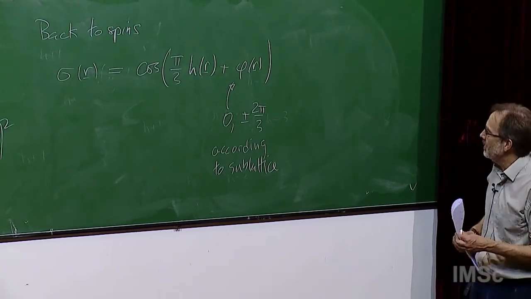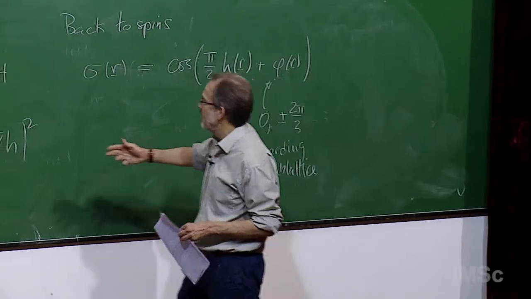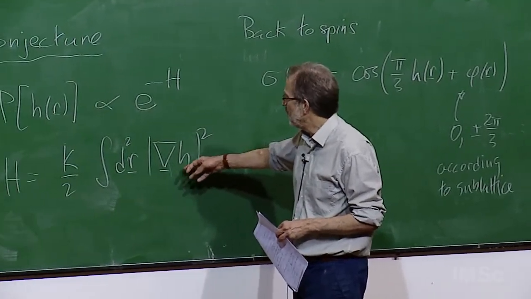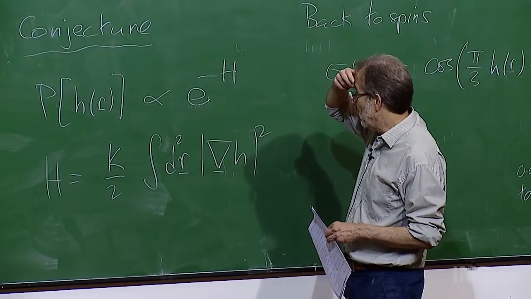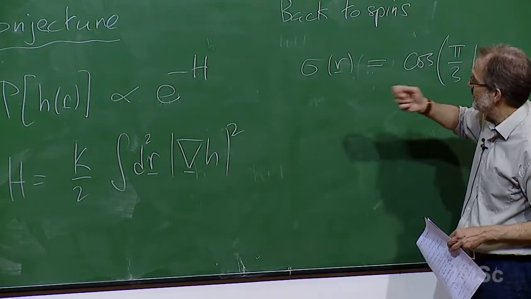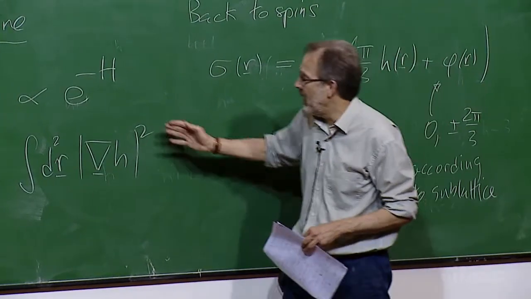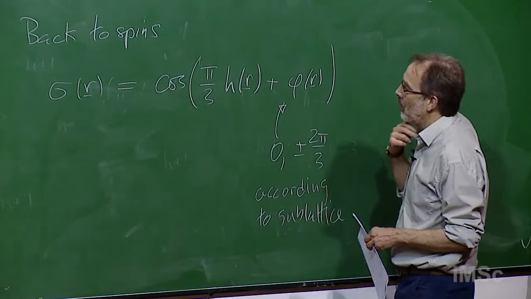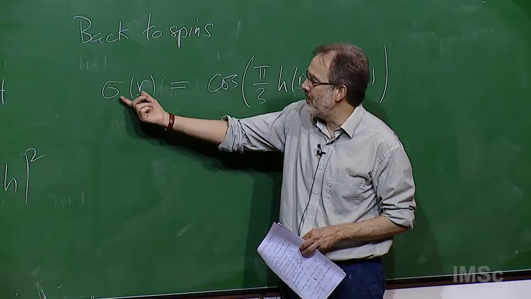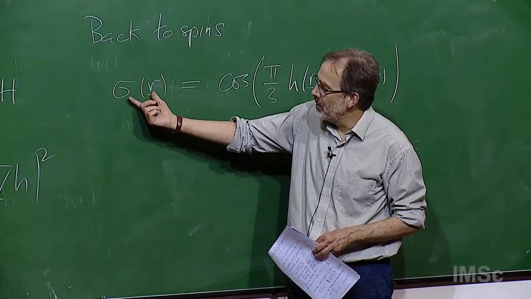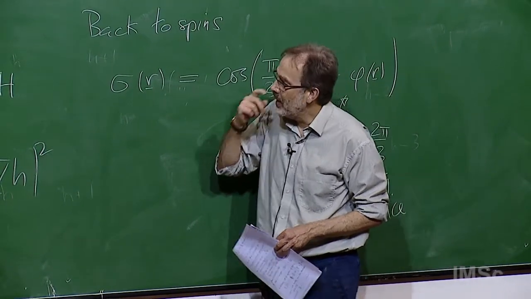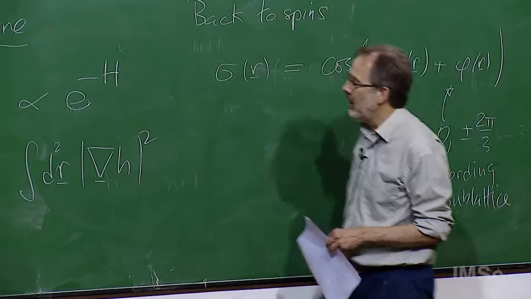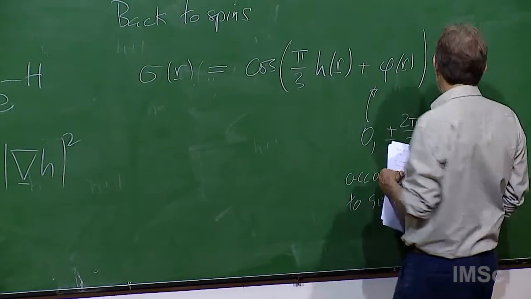So then the sort of question which you can ask using this height model description is, what should the spin correlations be according to the description? And so what we want to do is calculate an average over a product of two of these spin operators using this probability distribution.